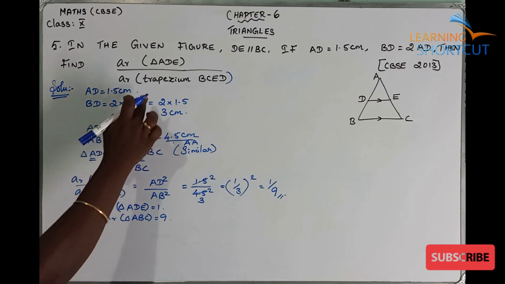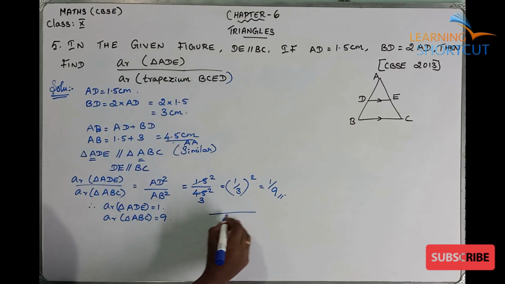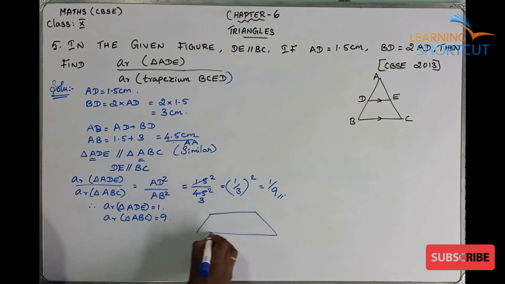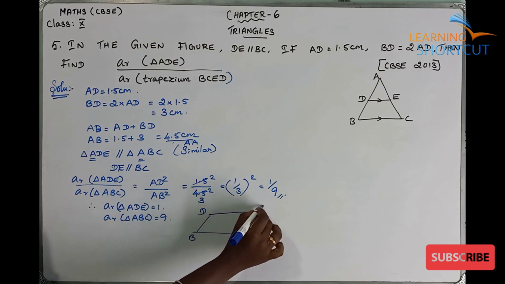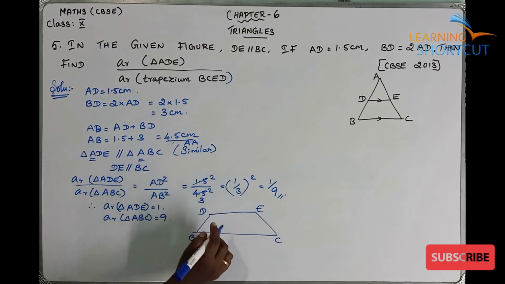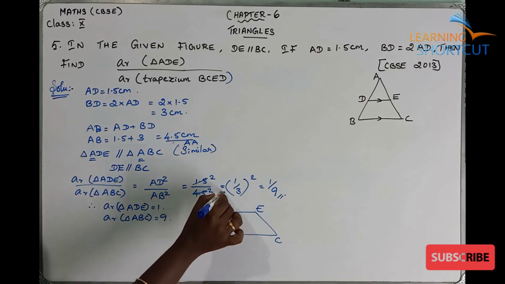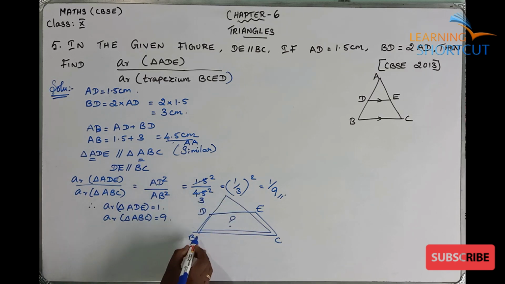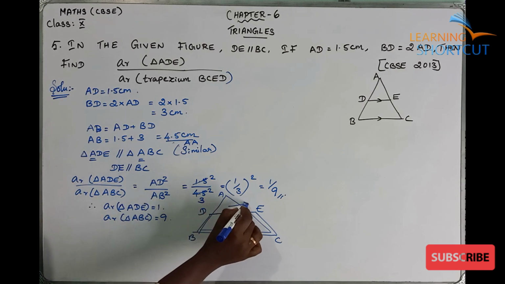In order to find out the value of the trapezium BCDE, what's the BCDE? It's like this: B, C and D, E. So, in order to get this value, we have to take the whole triangle ABC and we have to minus this triangle.